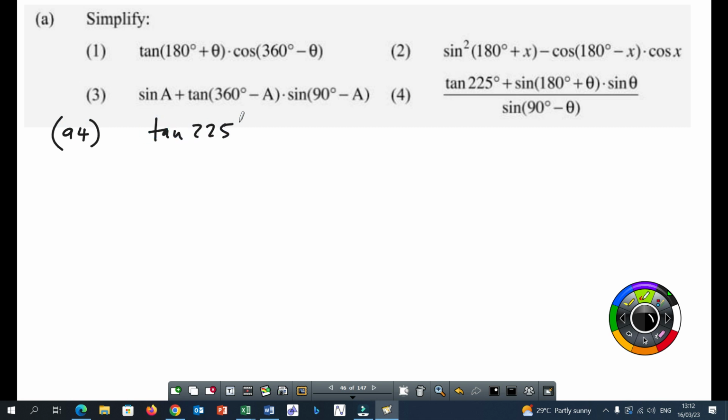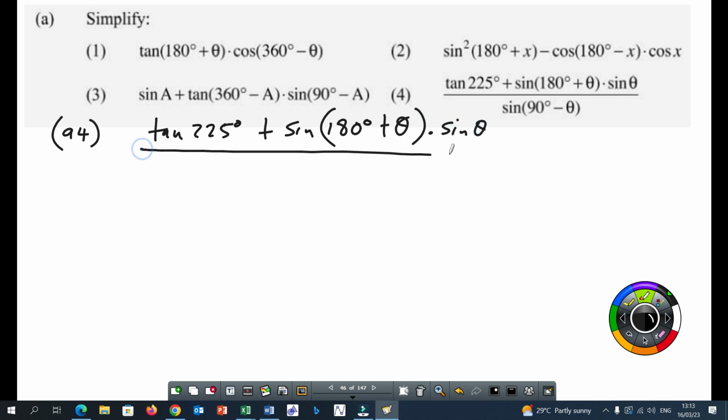So this is tan 225 degrees plus sine of 180 plus theta times sine theta, all over sine of 90 minus theta.